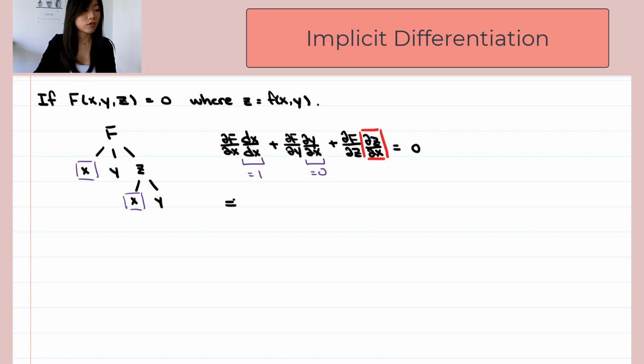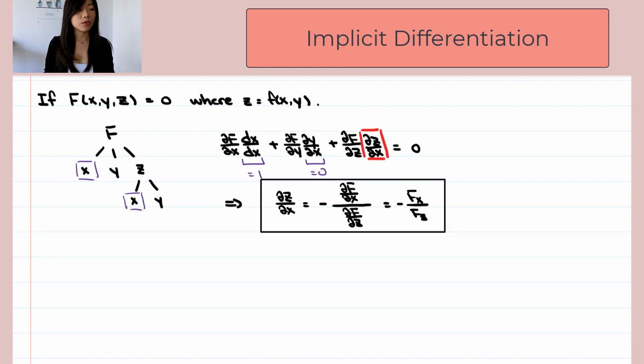So I can solve for dz over dx. It equals the negative of df over dx over df over dz, or we can abbreviate that as negative of f sub x over f sub z.